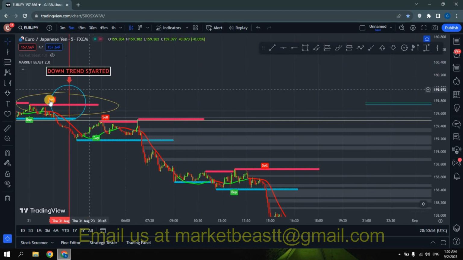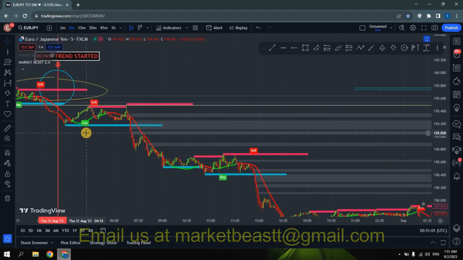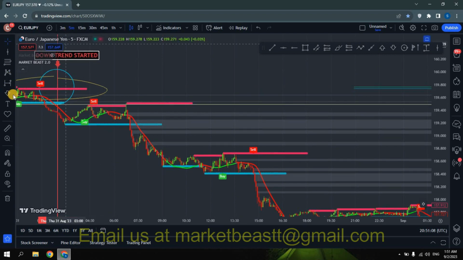Now what we will do, when the downtrend has started, we are going to take only shorts and sells. We are only going to take these sells on the 5-minute time frame.